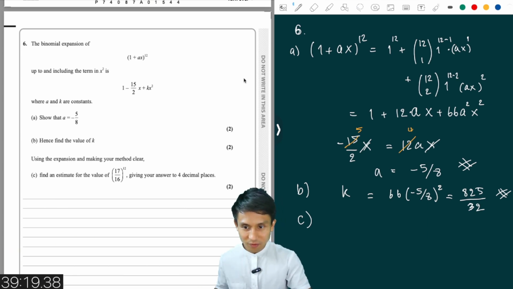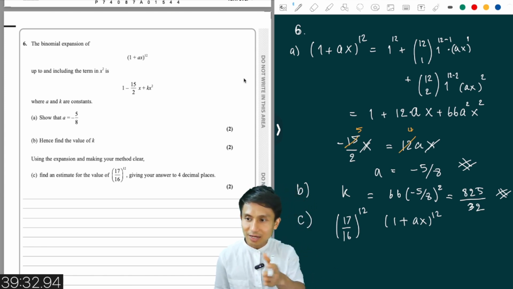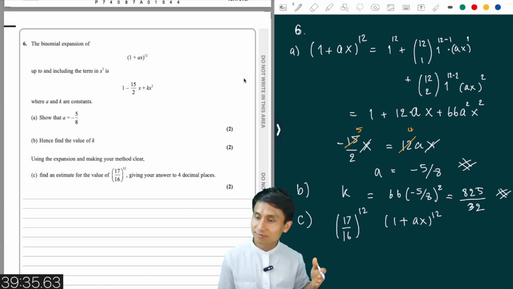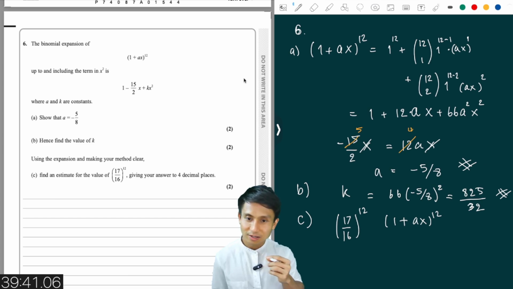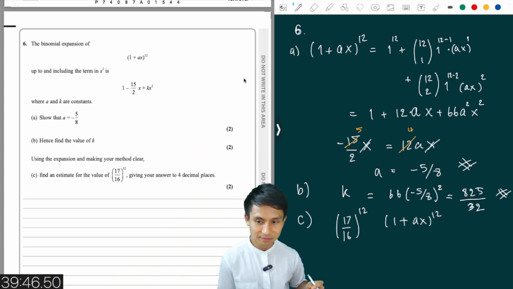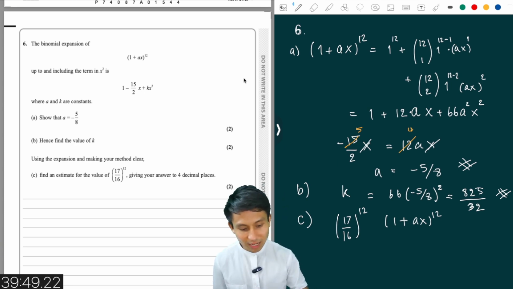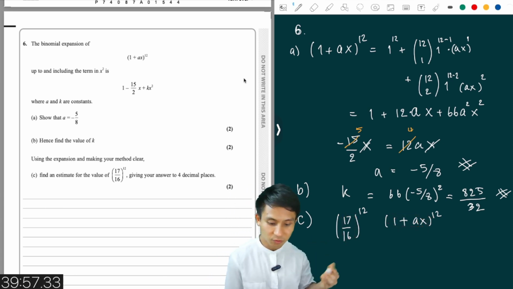If you look at 7 over 16 here, and 1 plus ax over 12 here, both to the power of 12, we can find the x value from this. We're going to use our expansion, which is up to the x squared term, but we need to find what x is first. So you equate these and find out what x is, because this term is equivalent to that term, as they are both to the power of 12.